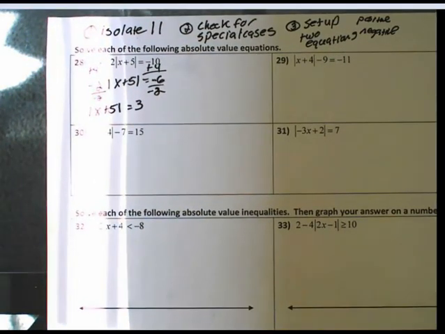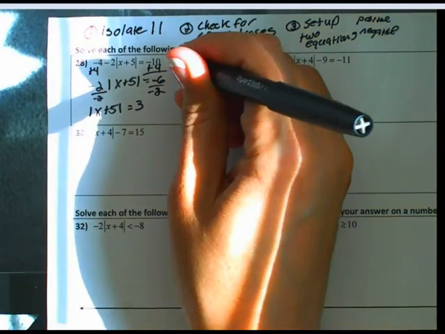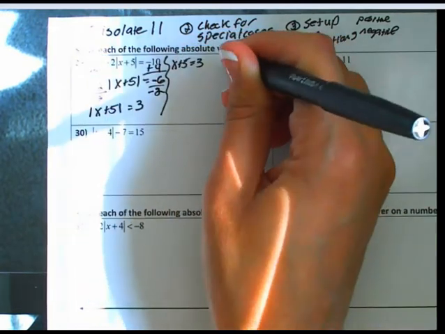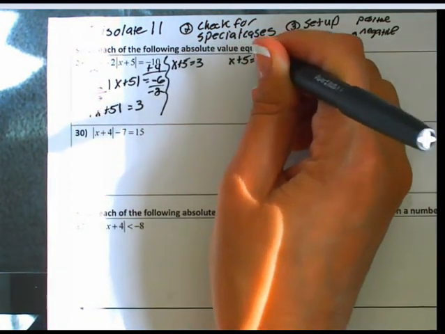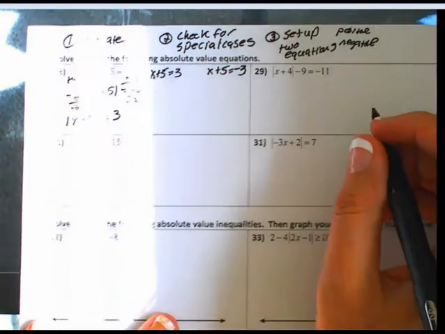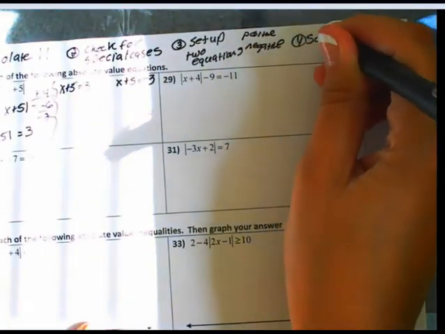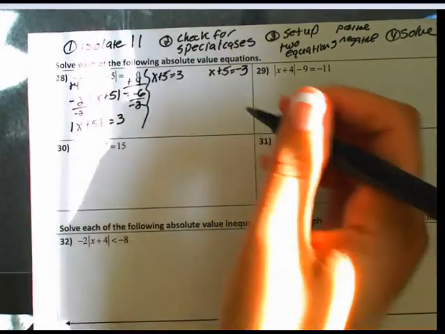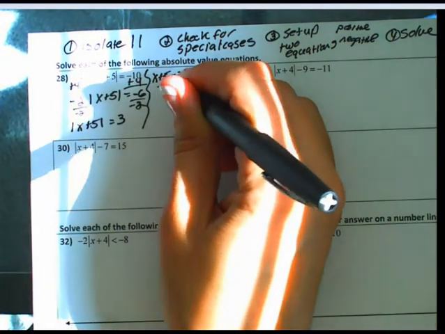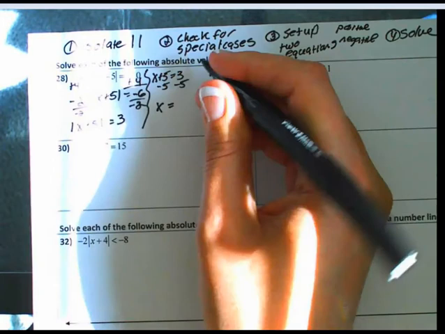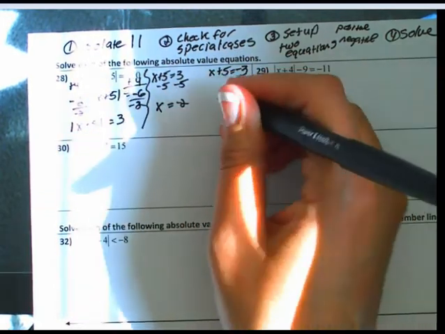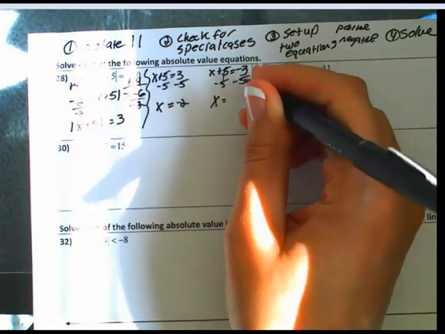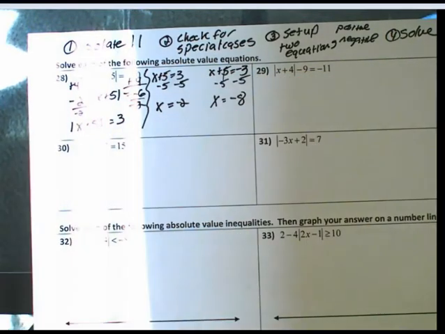Sorry about that, you couldn't see that. Okay, so I have x plus 5 equals 3, and then x plus 5 equals negative 3. And now you're just going to solve. So then the last step would be to solve. Okay, so I have minus 5, so x equals negative 2, minus 5, so x equals negative 8. So those are our two solutions.